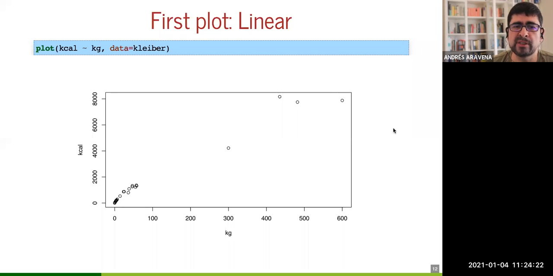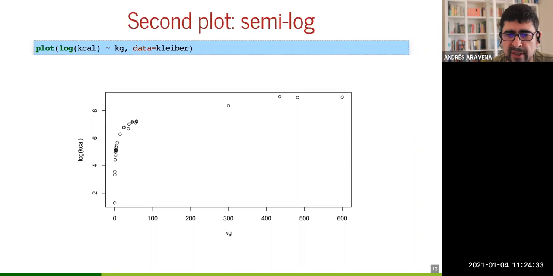So last class we said, okay, let's use a logarithm to see what is happening here. But the basic idea is to see if we can also get a straight line. So the first idea was to use log in the vertical axis. Try to see if this grows exponentially. Yeah, we get more detail, but it is not a straight line.